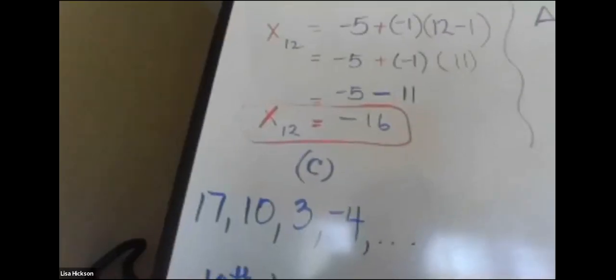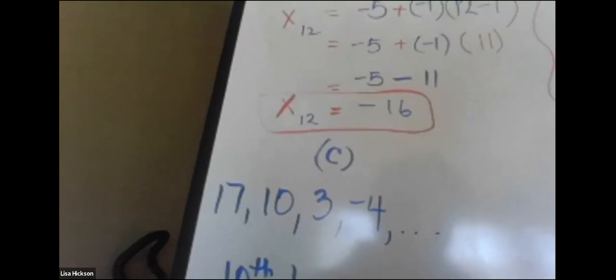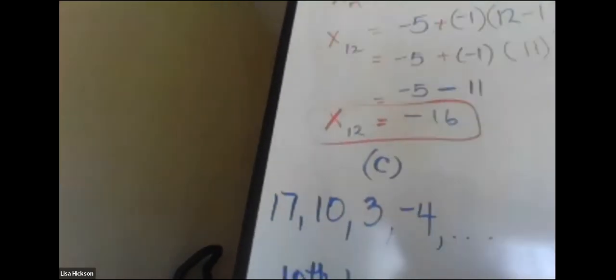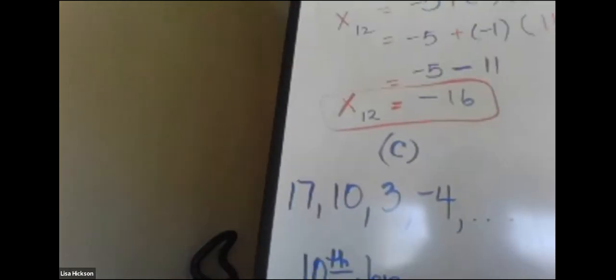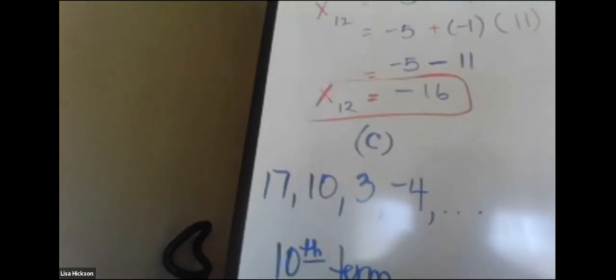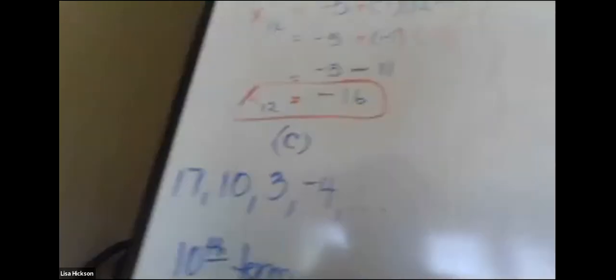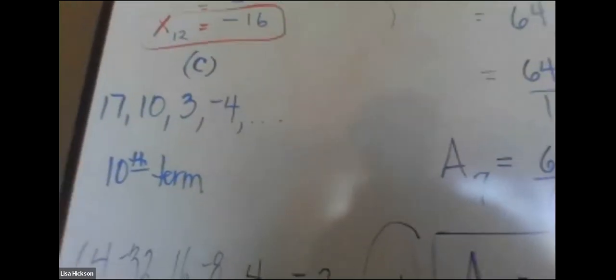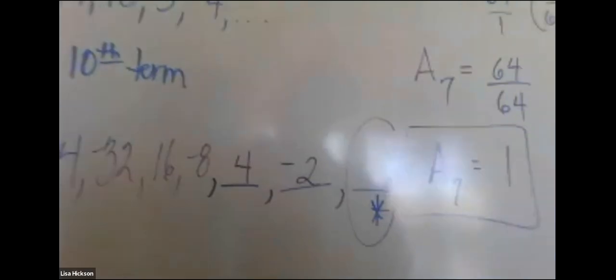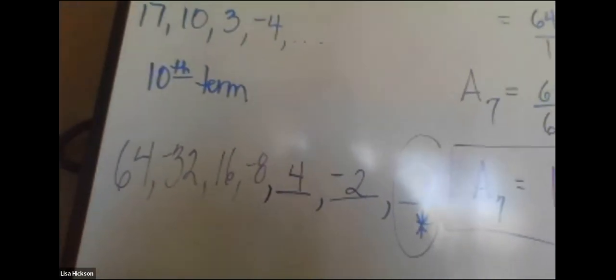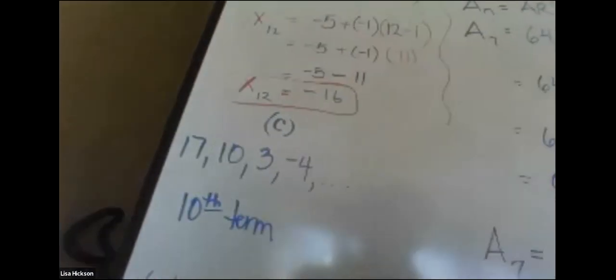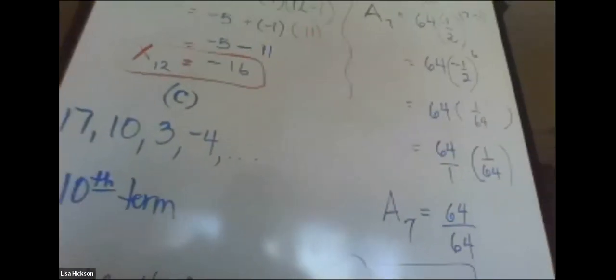What's half of 2? 1. All right, so we at least have the numbers. Now let's make sure the signs are right: positive, negative, positive, negative, positive. So this should be negative. So you came up with the 7th number is 1. Again, be it longhand or using the formula, you still come out with the same answer.